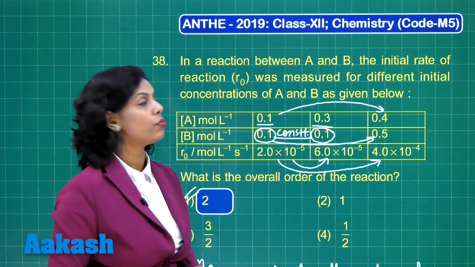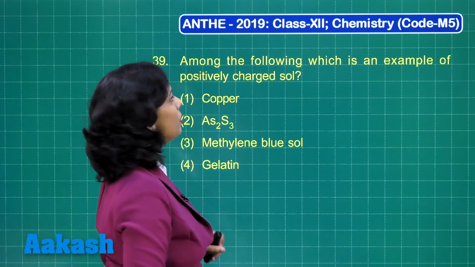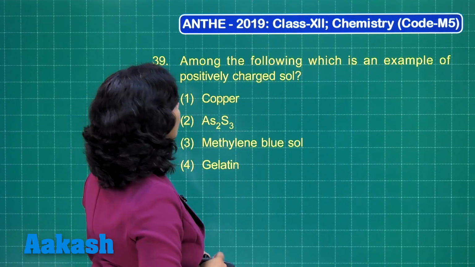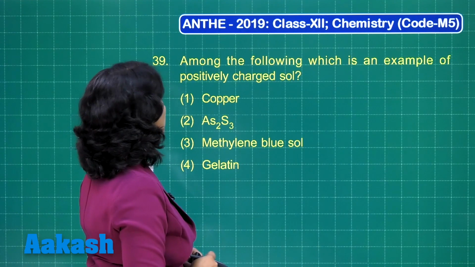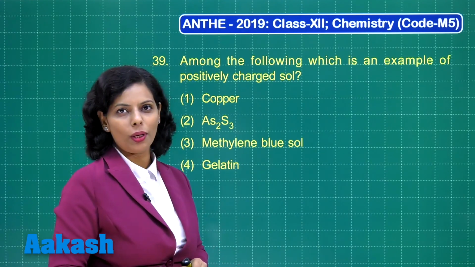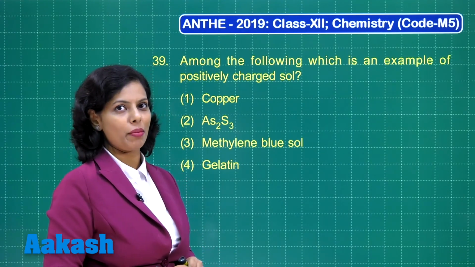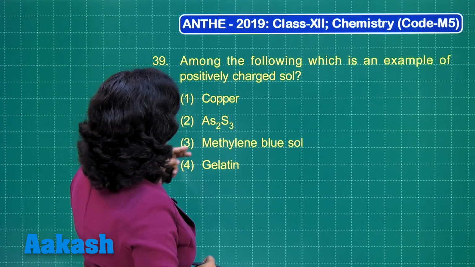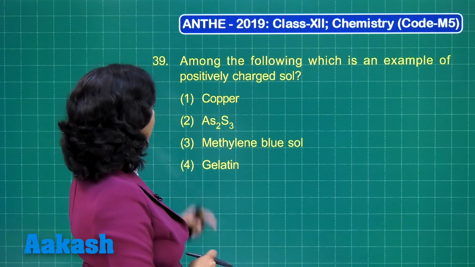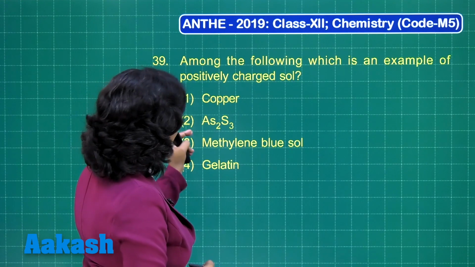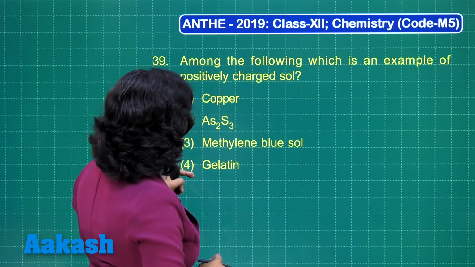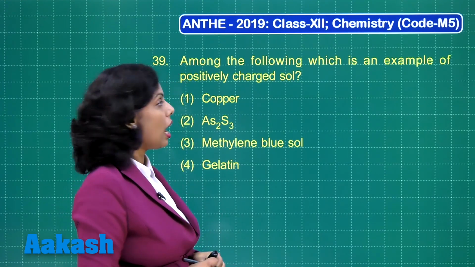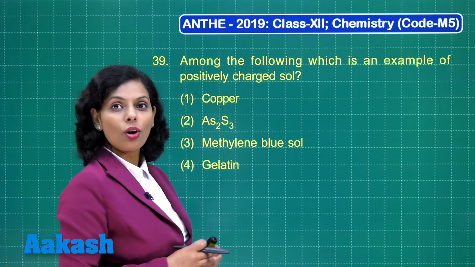Now the turn is for the next question. Question number 39. Among the following, which is an example of a positively charged sol? The question is from surface chemistry, and if you have a look at the given options, you will see that copper, arsenic trisulfide as well as gelatin, all 3 are negatively charged sols.